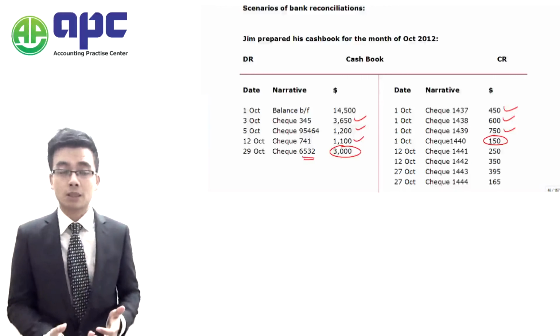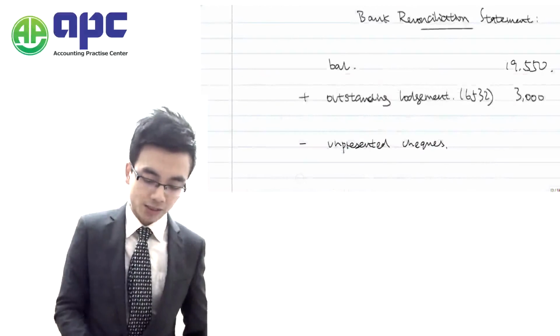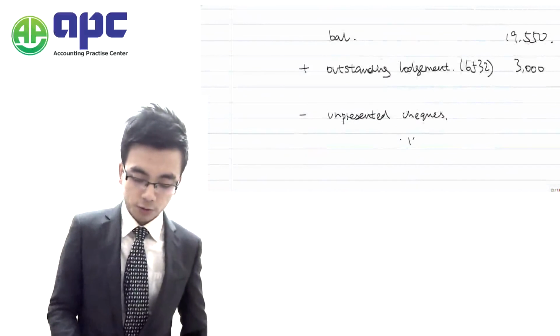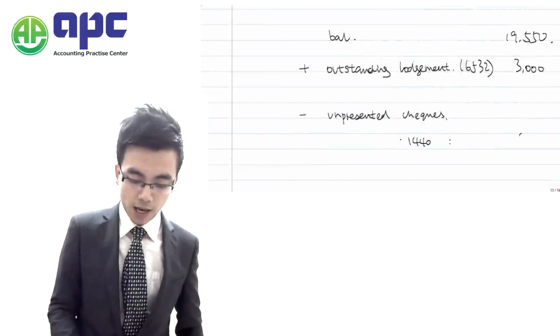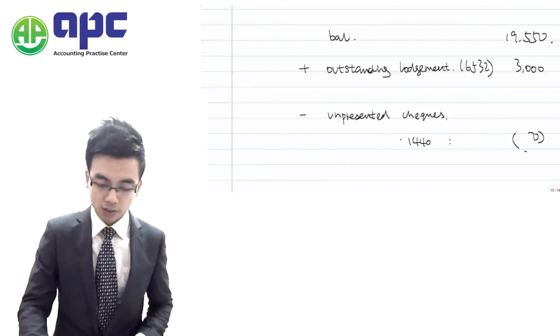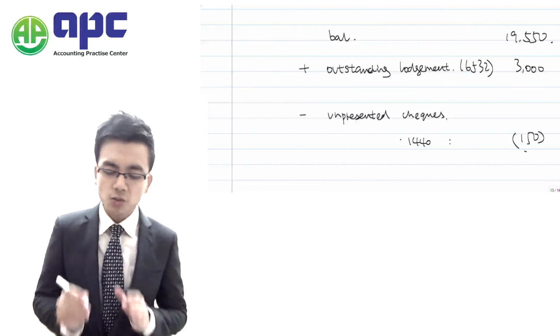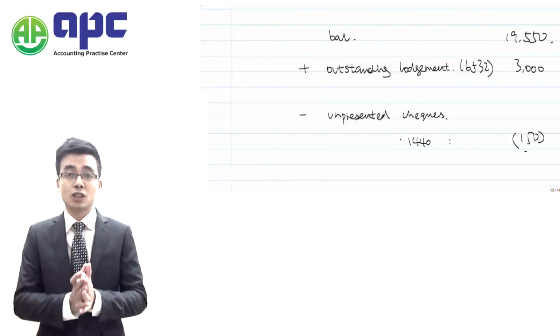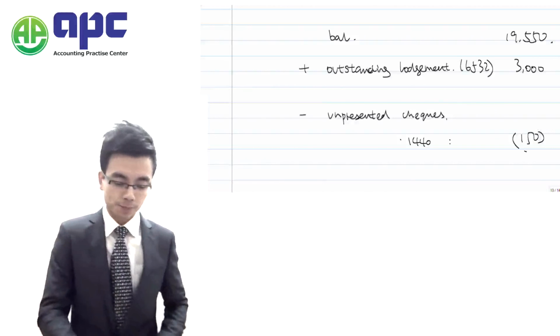So this is the timing difference, and this is called the unpresented checks. So 1,440 is worth 150, so we need to deduct it from the adjusted bank statement balance.